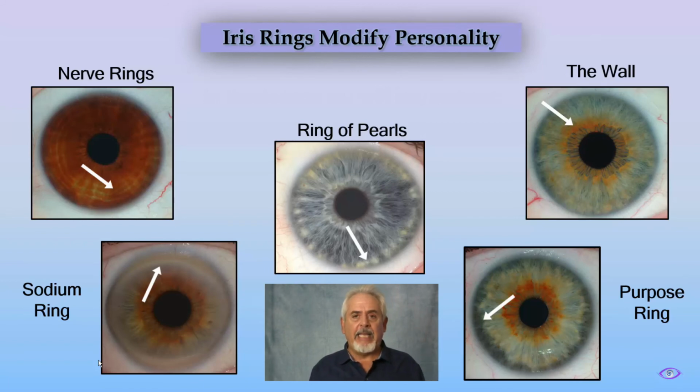Then what you can begin to do is look at a ring and just gain rapport. It's amazing, because when you look up in somebody's eye real closely and you say the first thing that comes out of your mouth, they go, oh my gosh, how did you know? You instantly have rapport. Iris rings are one of those aspects of this work that are really clear, concise, unique, and they're very easy to see and spot.